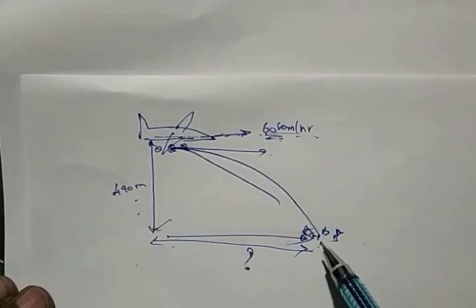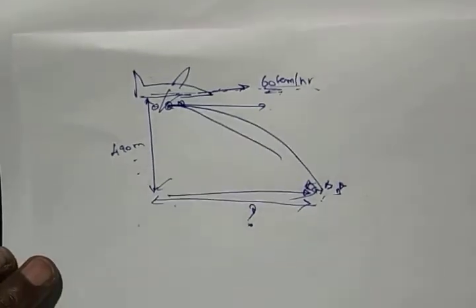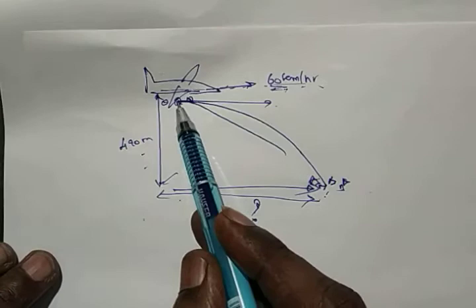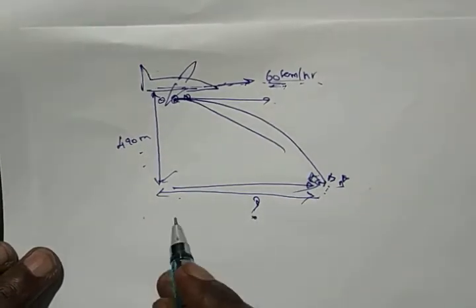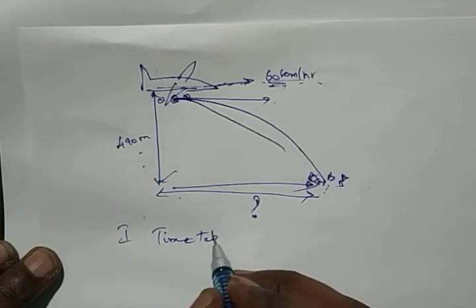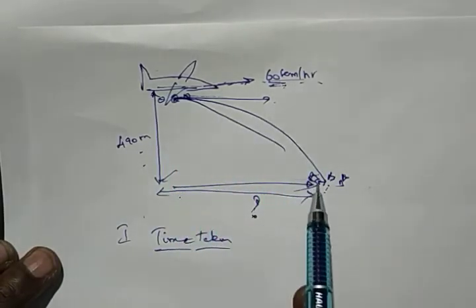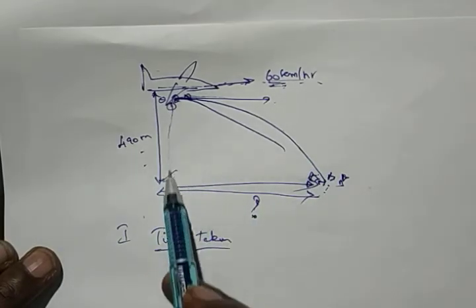Few parameters are given here. You will be able to easily find it out. The first one is the time taken to come from here to here. The time taken from here to here is equal to the time taken for any body to just drop down.